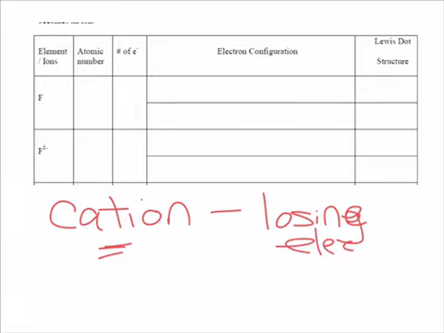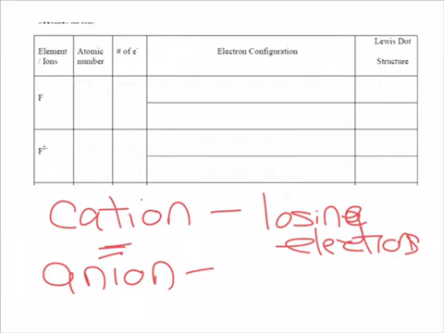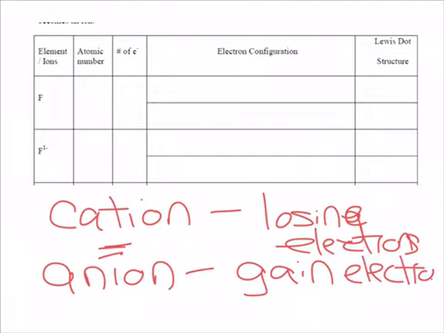Getting ahead of myself here. And then, of course, a negative ion, anions, they gain electrons to get their charge. So you want to remember that when the ion becomes negative, it's going to gain.